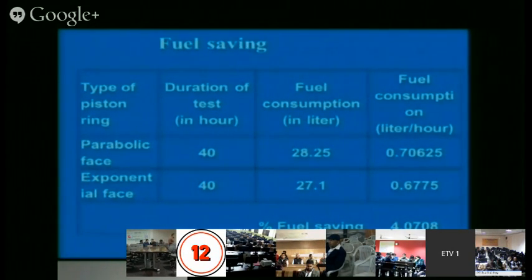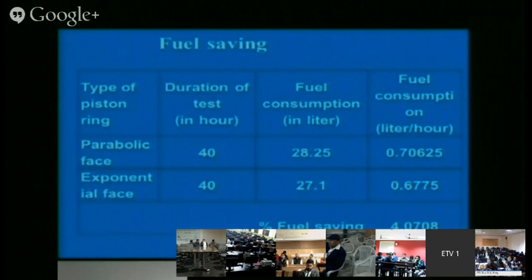So with the parabolic profile, which is the piston ring available in the market, and this exponential profile, which we machined, we manufactured on the surface, about 4% fuel saving was recorded. So basically here it can be correlated: 20% reduction of friction. What is the meaning? 20% reduction of friction means 4% fuel saving.